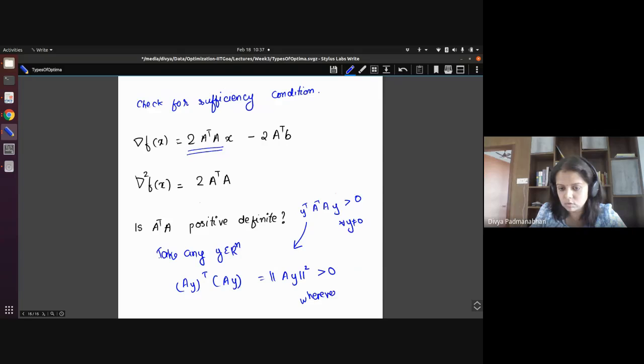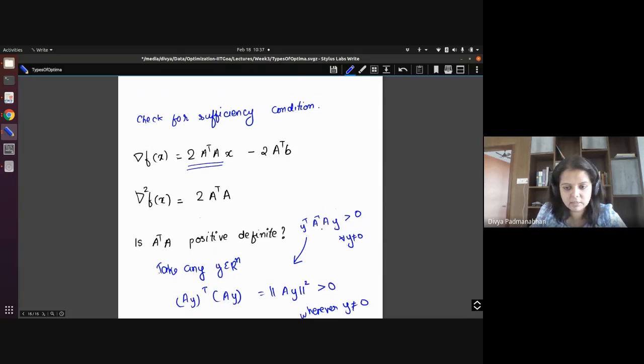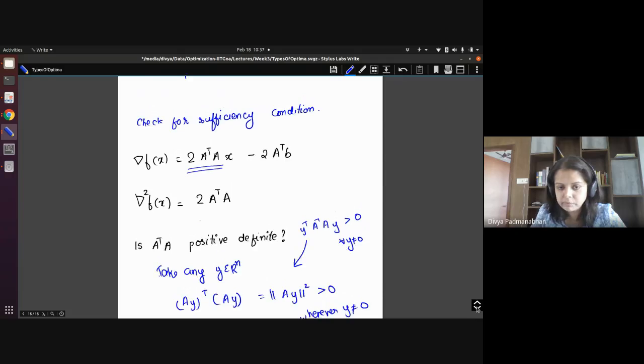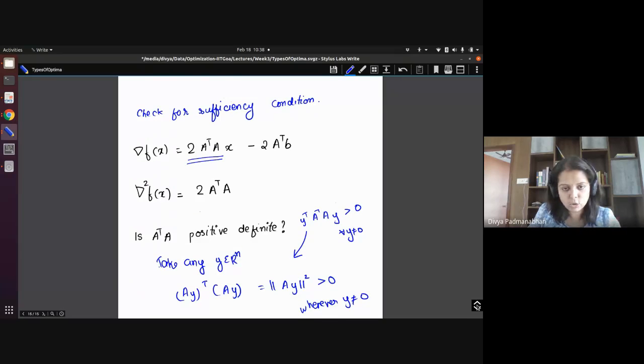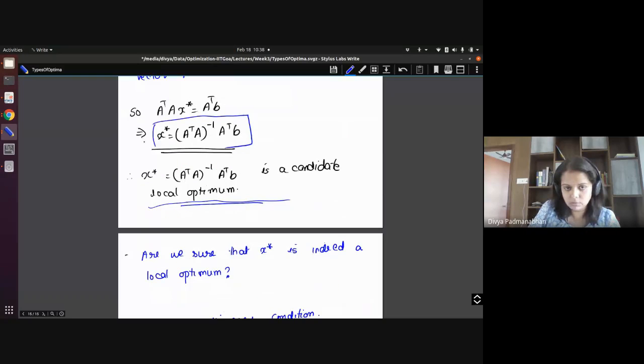So this is true for every x. Any x you take, the second derivative or Hessian is going to be positive definite. In particular, it's also true for x star. And so you can conclude that this point that you found here is a local minimum.